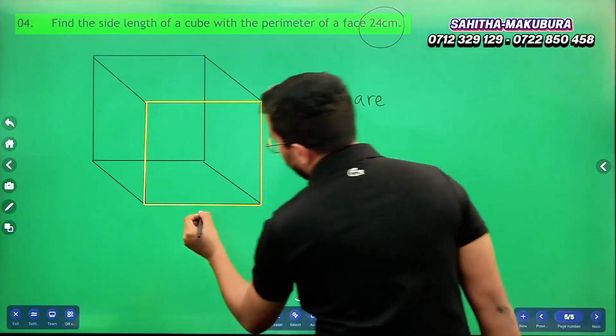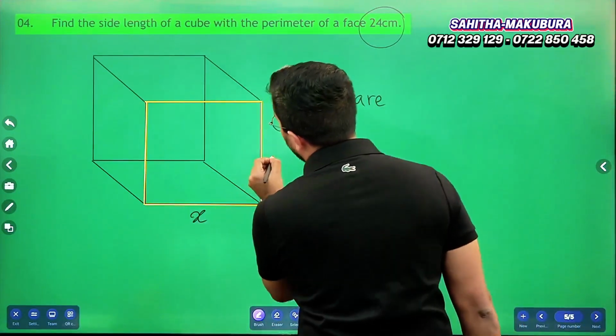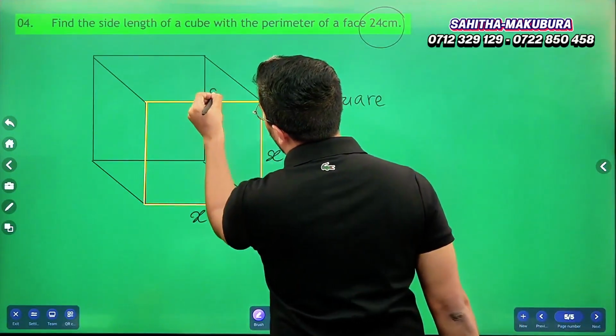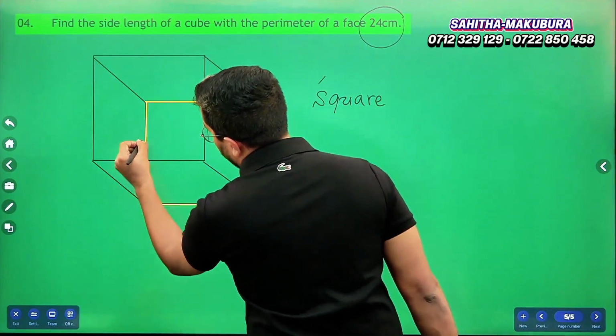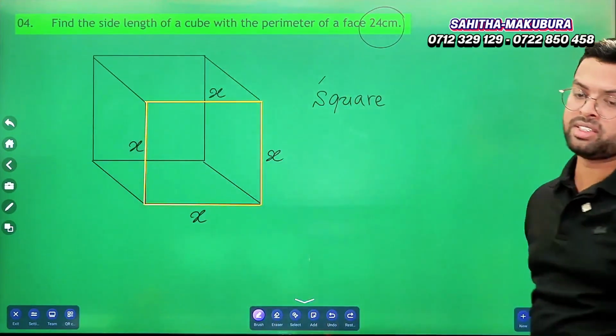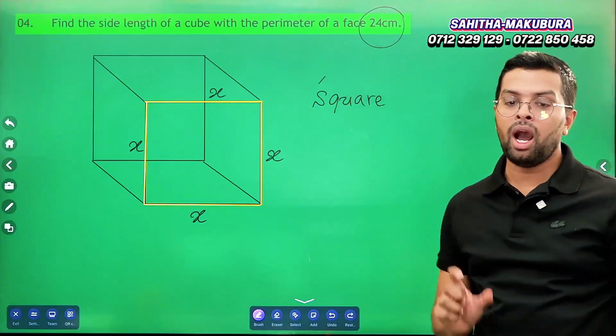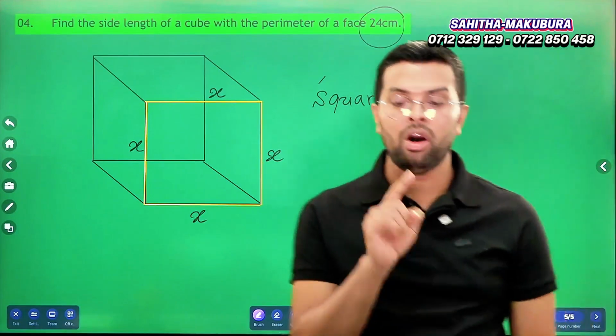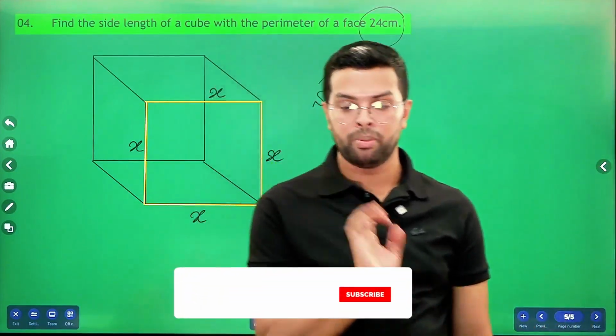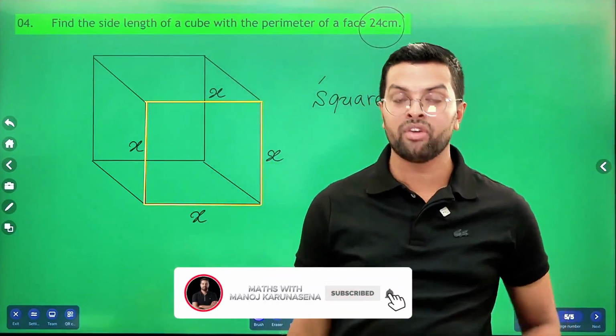So this is a square. Let's consider all the sides as x. So 4 times x is equal to 24, and the question is asking us for the length of a side of this cube.